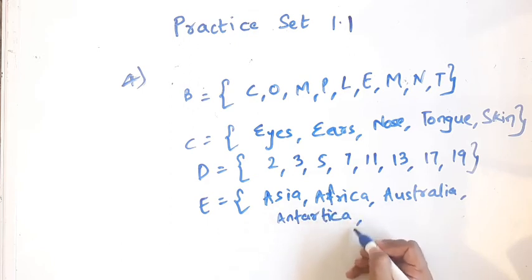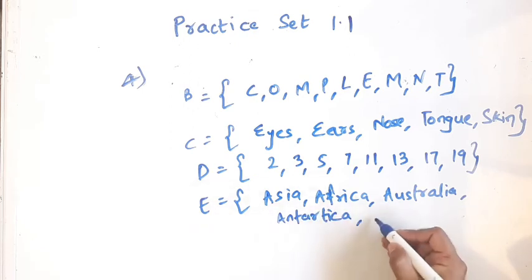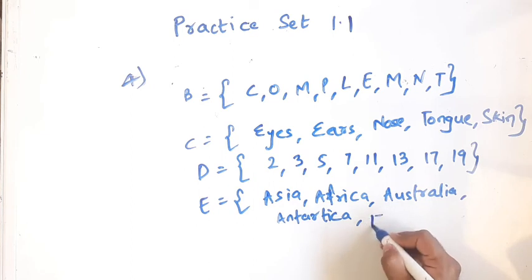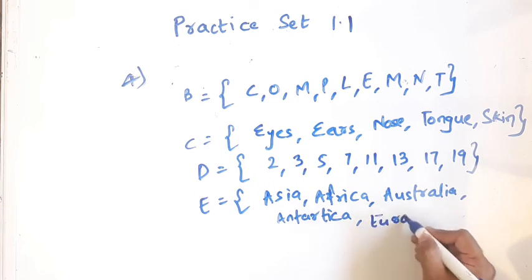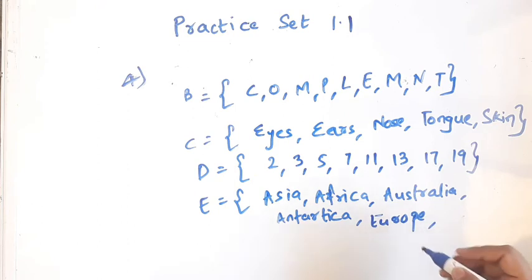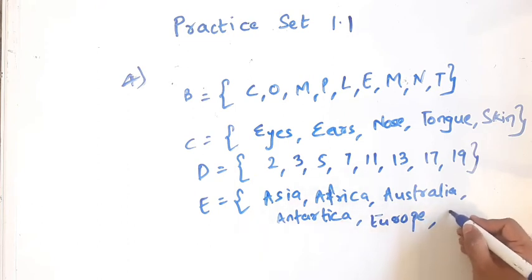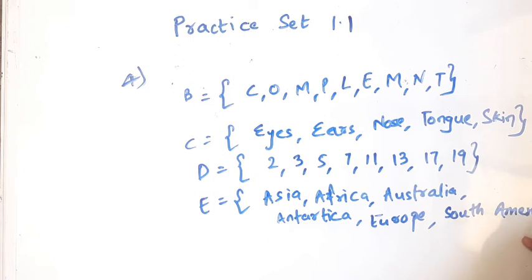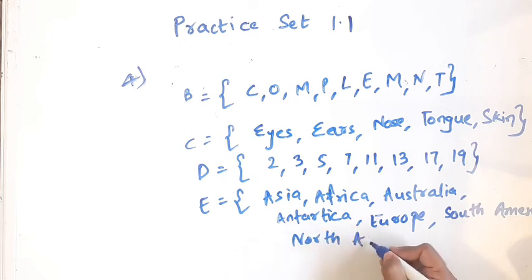All starting from A we'll finish first, then I'll write Europe, then I'll write the two Americas, that is South America and North America. Okay children, so these are the 7 continents.